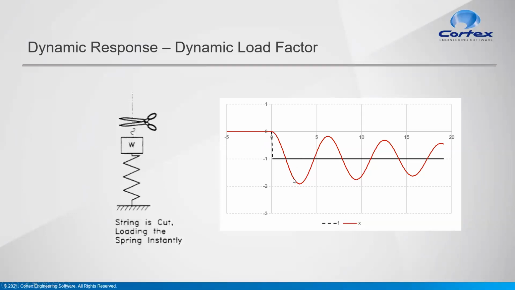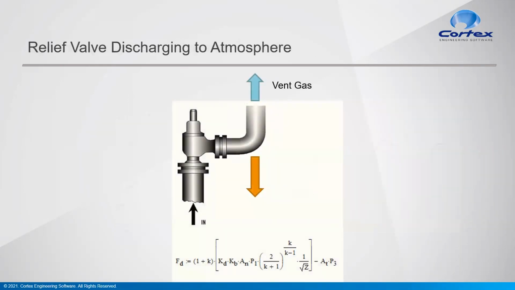Now, what this means is that the actual maximum force that the spring mass system will see is twice the actual static load. So that's what we call the dynamic load factor. The dynamic load factor here is 2. So what that means, when we get back to our relief valve, is we have to multiply our discharge reaction force by 2.